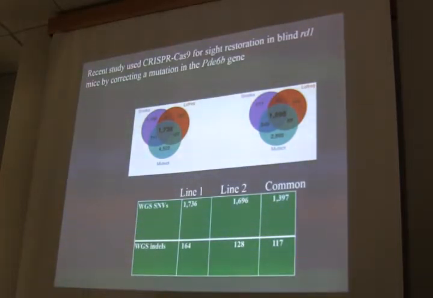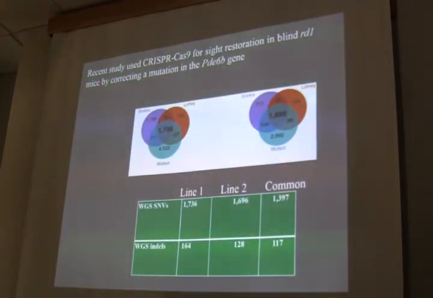is that these guys decided that they would sequence the entire genome of 2 lines of these mice that they cured blindness in, right? And what they found was that, and these are all different methods of analyzing the data, in line 1 they had 1,700 single nucleotide variants.